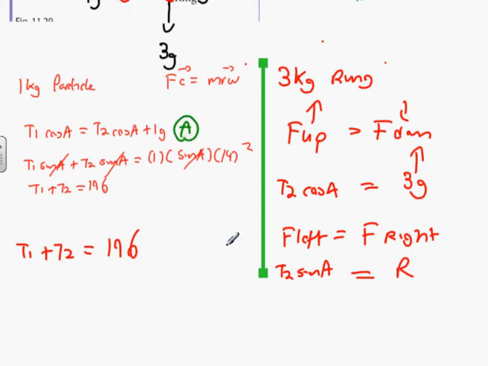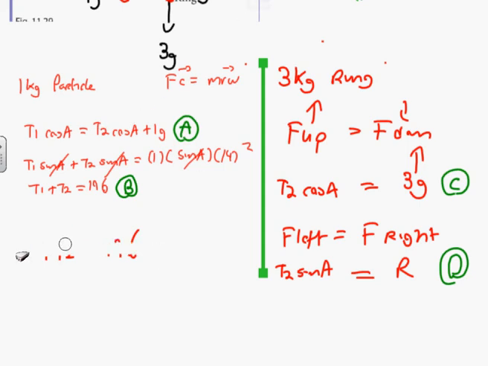Okay, so that's equation A, that's equation B, that's equation C, that's equation D. So what he's saying is introduce C into A for all the cos A's, isn't it?